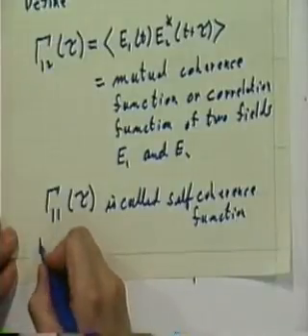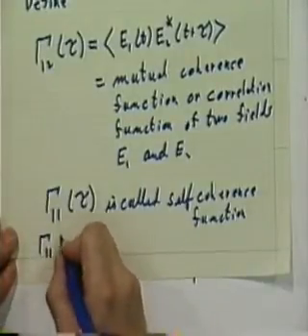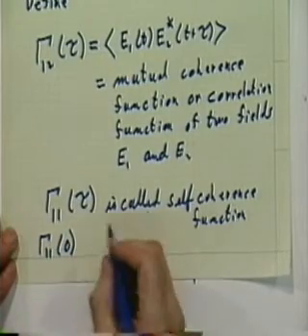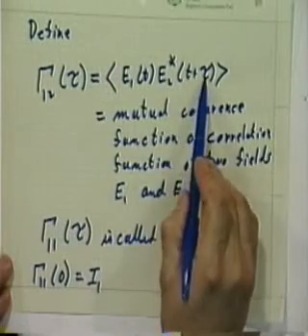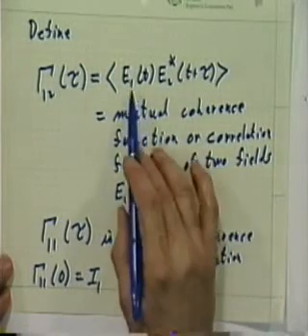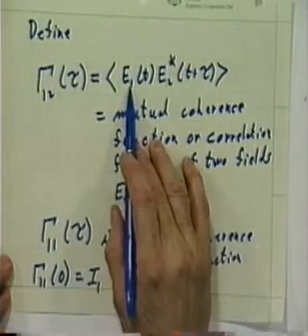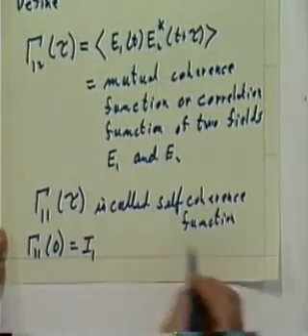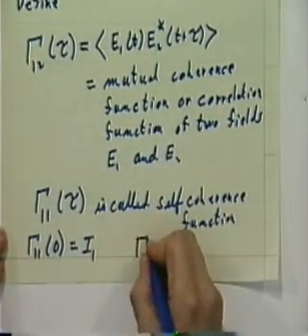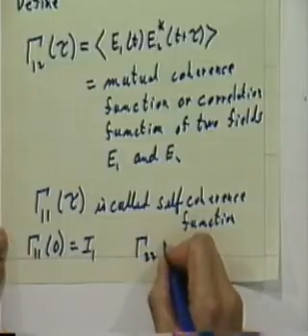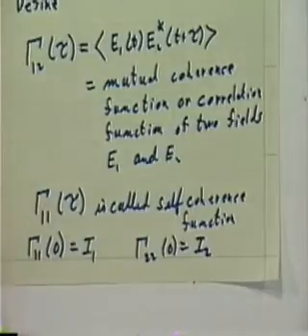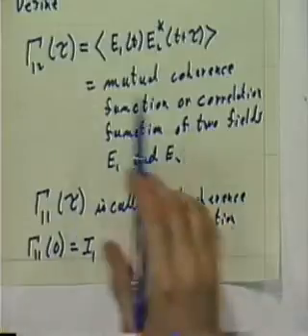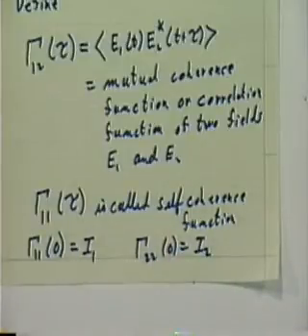If we put in gamma 1, 1 of 0, then that would just be I1. The tau goes away, and the 1 is the 2, so we have E1, E1 complex conjugate, so that's I1. Likewise, gamma 2, 2 of 0 is I2. There are other similar definitions you see in the books, but that's probably the most important way of doing this.